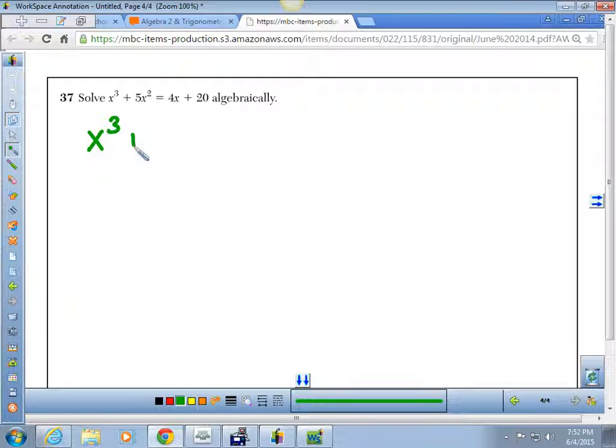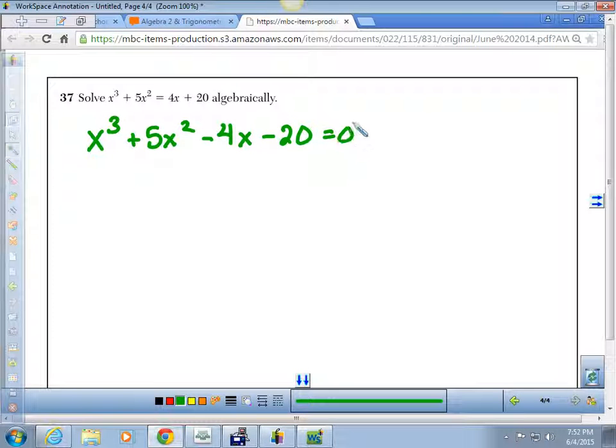x cubed plus 5x squared minus 4x minus 20 equals 0. Okay. We still want to see if we can potentially factor. So what do we always look for first when we factor? Not a GCF here, is there?